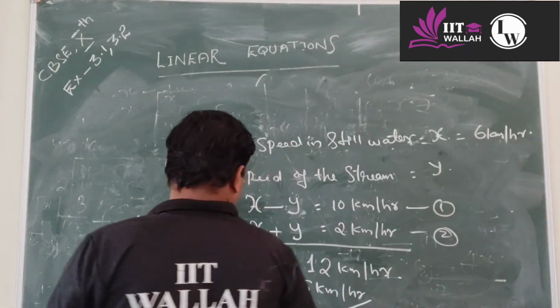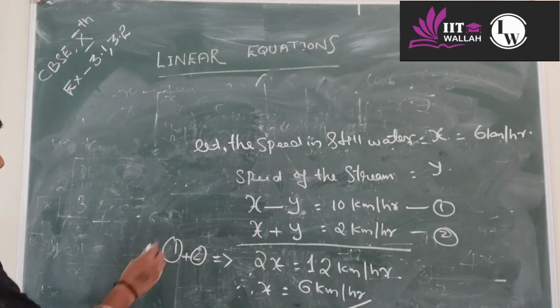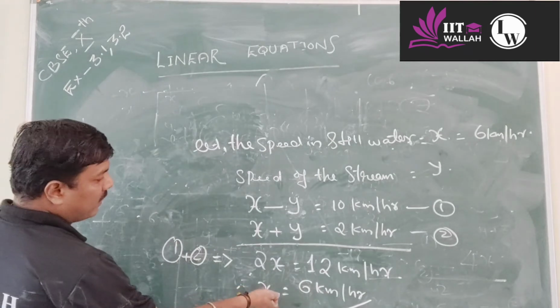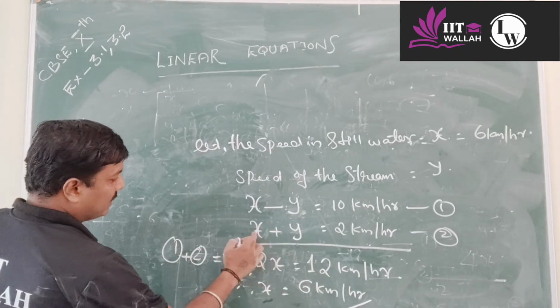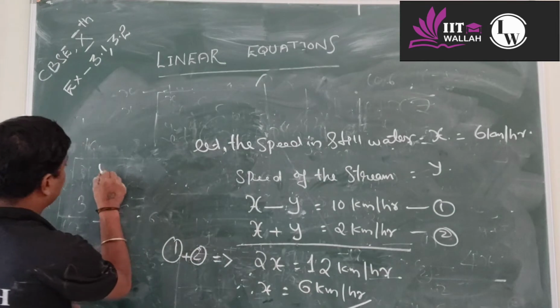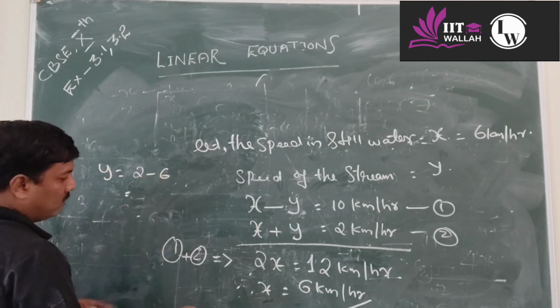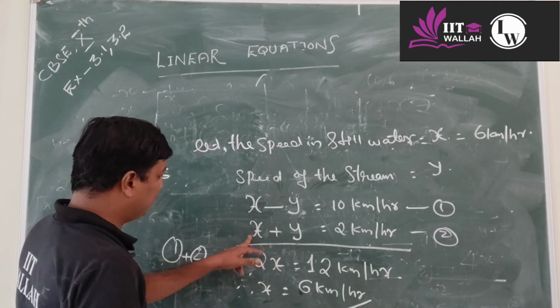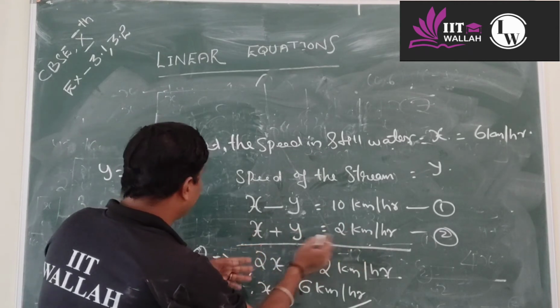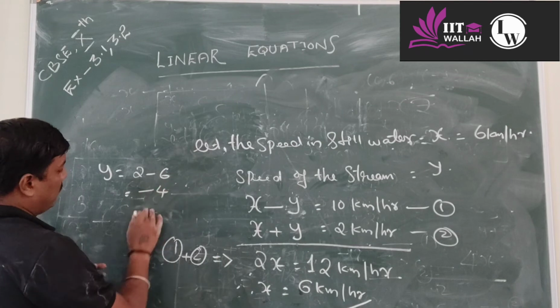Okay. Now, substitute this value in any equation. 6 plus y is equal to 2. So y is equal to 2 minus 6, which is minus 4.